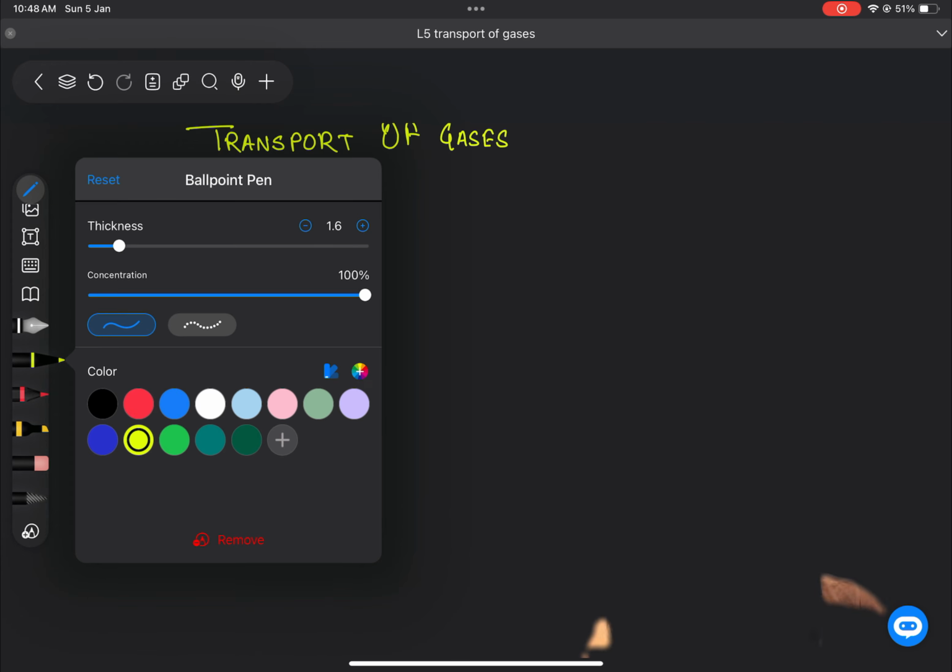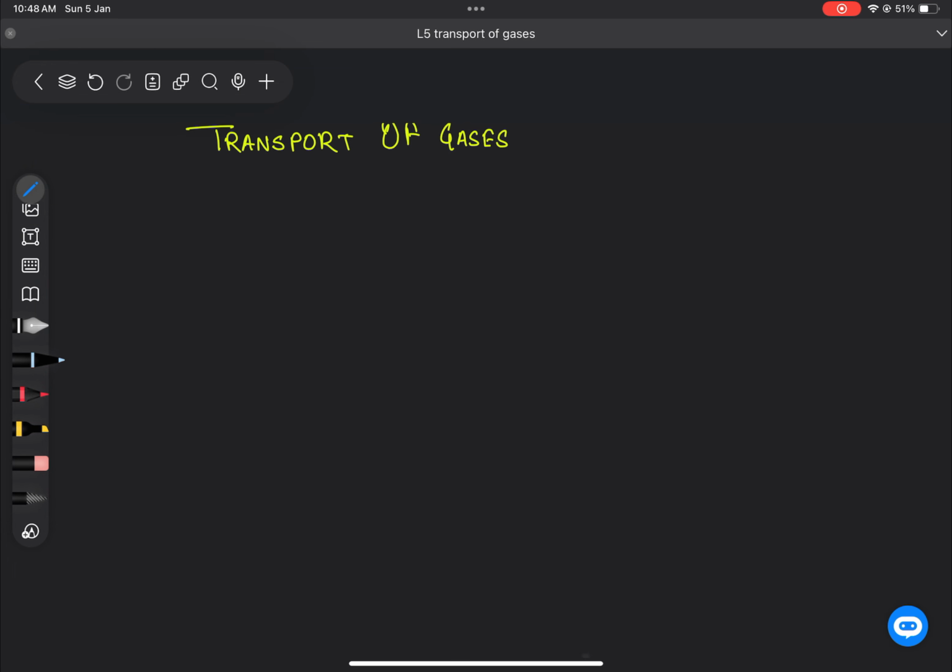So in transport of the gases, we write blood. Blood has two components: plasma, which is liquid, and another component, the formed element.